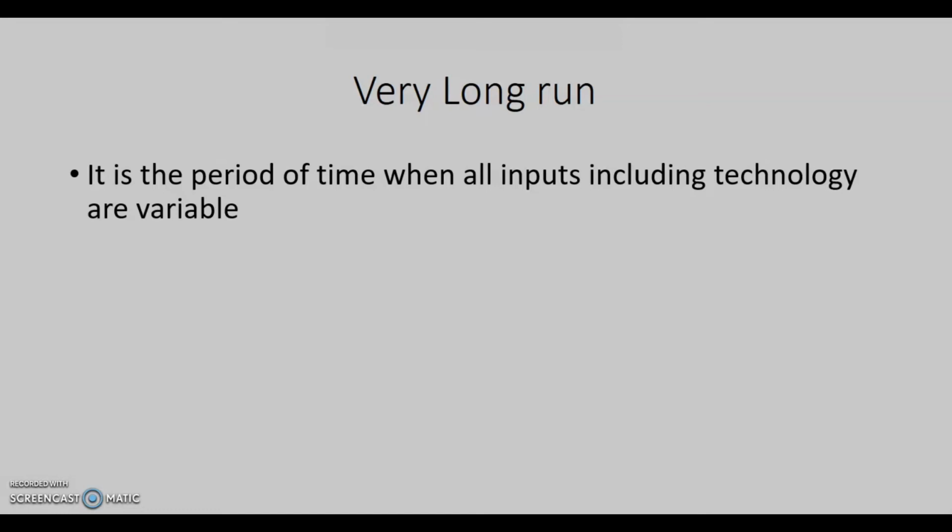So let's assume that you are asked to differentiate between the long run and the very long run. With the long run, all inputs are varying, excluding technology. But with the very long run, all inputs are varying, including what? Technology. So that is the very long run.